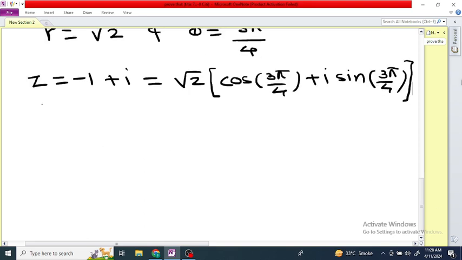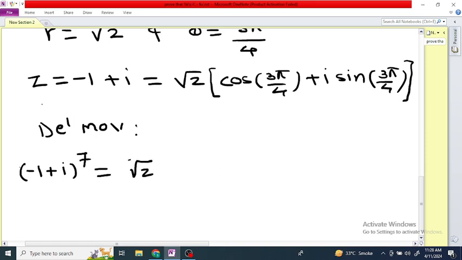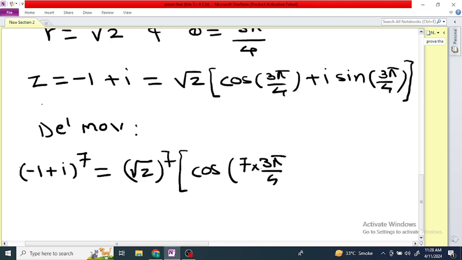Now use De Moivre's theorem. Using De Moivre's theorem, we can write (-1 + i)^7 is equal to root 2 raised to 7 into cos of 7 times 3 pi by 4 plus i sin of 7 times 3 pi by 4.